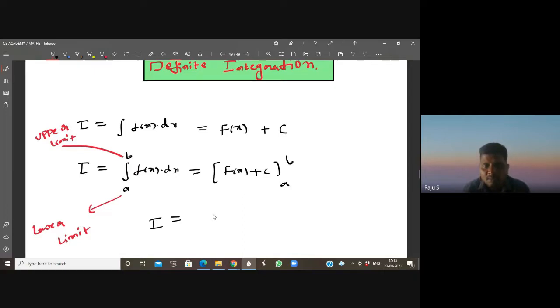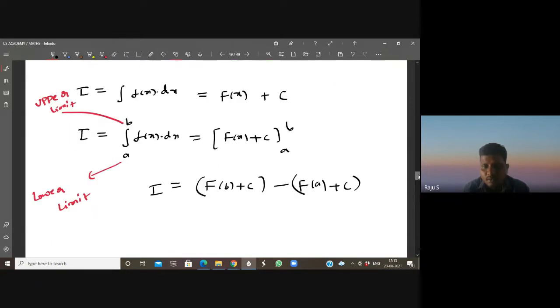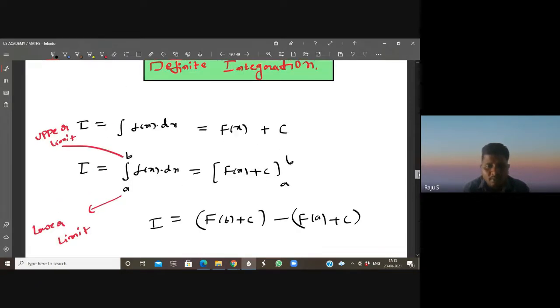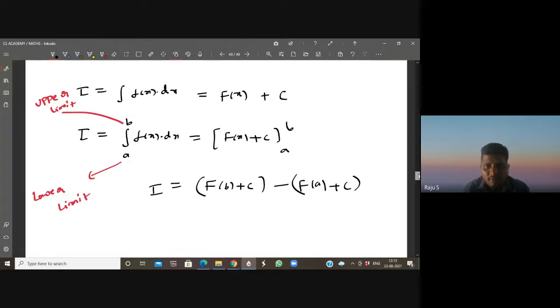So in place of x, F of b plus c, minus upper limit minus lower limit, so F of a plus c. Understood? F of b plus c minus F of a plus c, because first upper limit, next lower limit. The c's get cancelled here. So remember students, the formula is F of b, upper limit, minus F of a, lower limit.